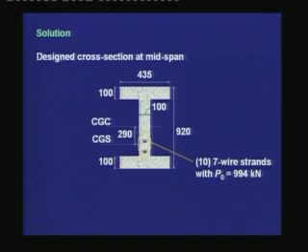The tendons can be placed close to each other about the location of CGS, satisfying the minimum distance between the ducts, and like this we can provide the prestressing steel inside the concrete section. The effective prestress at transfer should be equal to 994 kilonewtons.